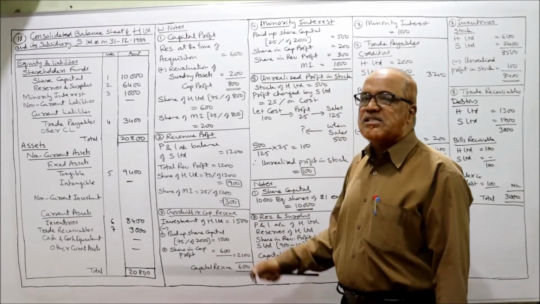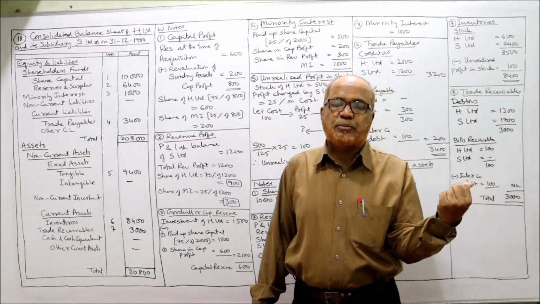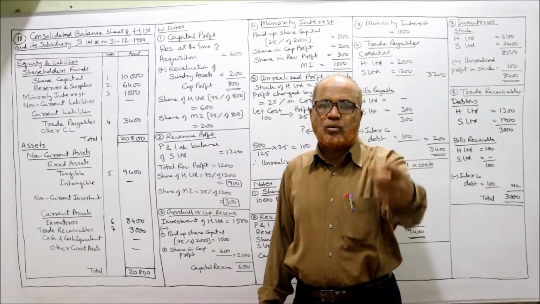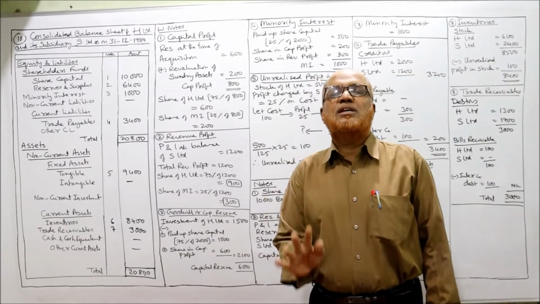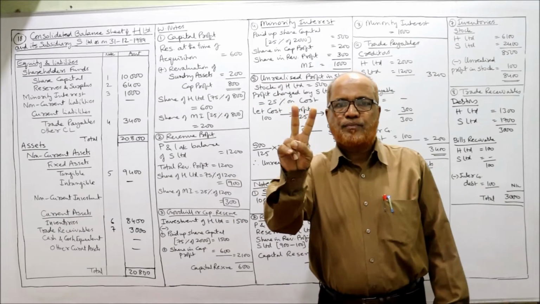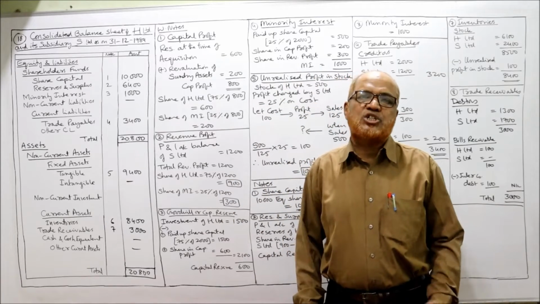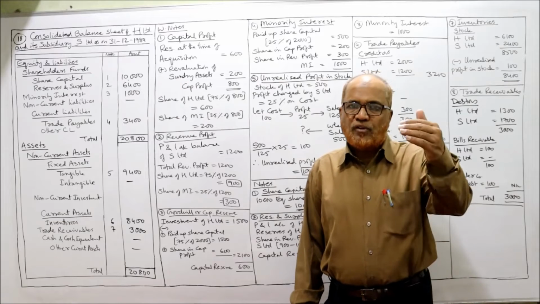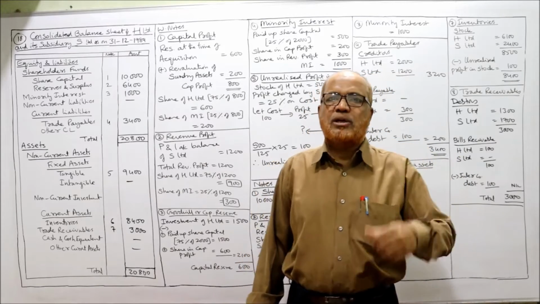Now out of 800, 75% of capital profit goes to H Limited. 25% goes to outsiders. How is that 75%? Total number of shares in S Limited are 2000. Out of 2000 shares, 1500 shares are purchased by H Limited.